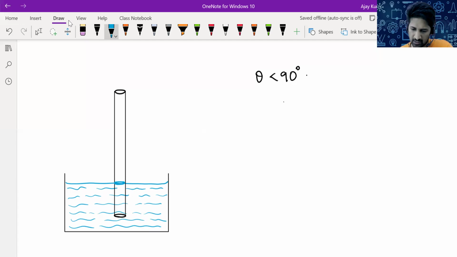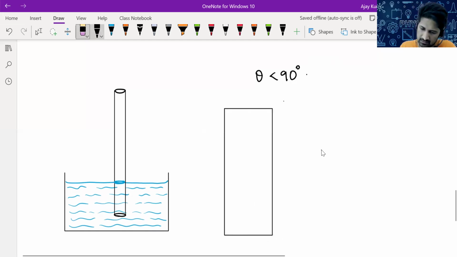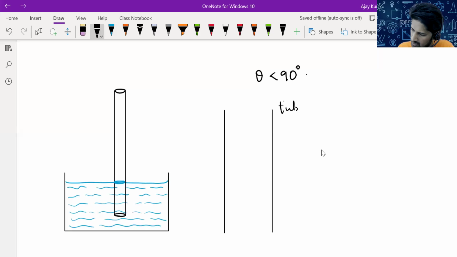So if you zoom into that part where the tube is in contact with the liquid surface, let's just enlarge it like this. Assume this is the tube. These are the walls of the tube. Inside there is a liquid surface and the contact angle is less than 90 degrees. So the liquid surface would be like this. It won't be perfectly flat. It will be making an angle less than 90 degrees with the tube.